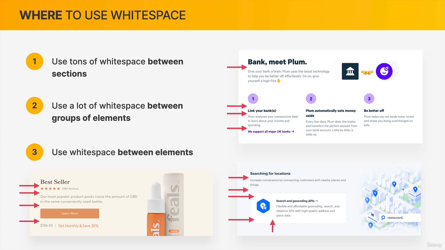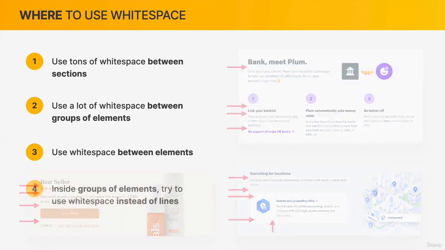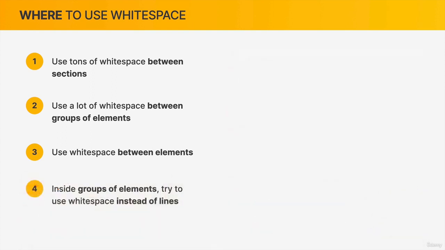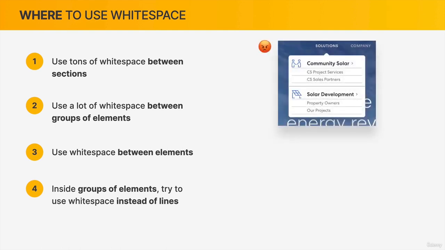Now, another guideline that I can give you is that inside of groups of elements, you should always try to use white space instead of lines. So using lines might look something like this, and this is actually a mistake that many beginner designers tend to make. So they think that in order to basically distinguish between elements, they need to add some visual lines.